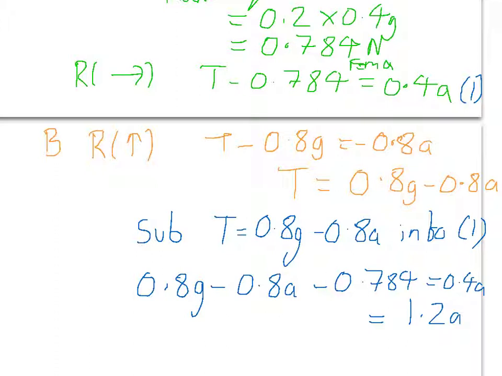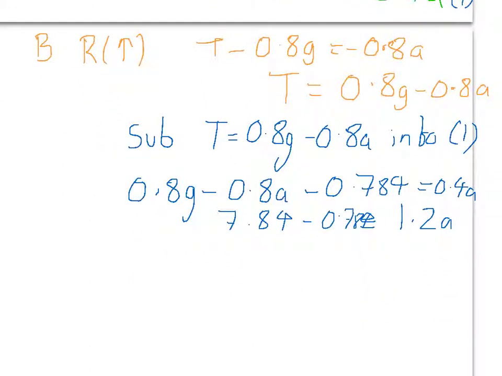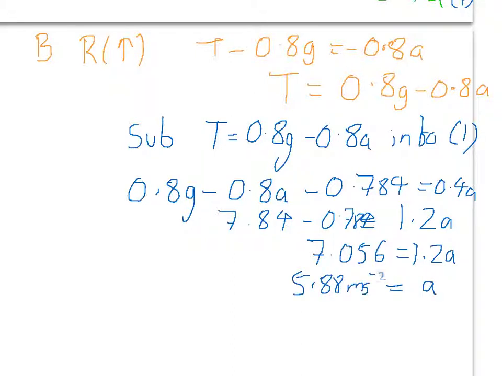And we need to change the 0.8g into 7.84 minus 0.784, which if you collect together, you get 7.056 equals 1.2a. So a is equal to 5.88 meters per second squared.